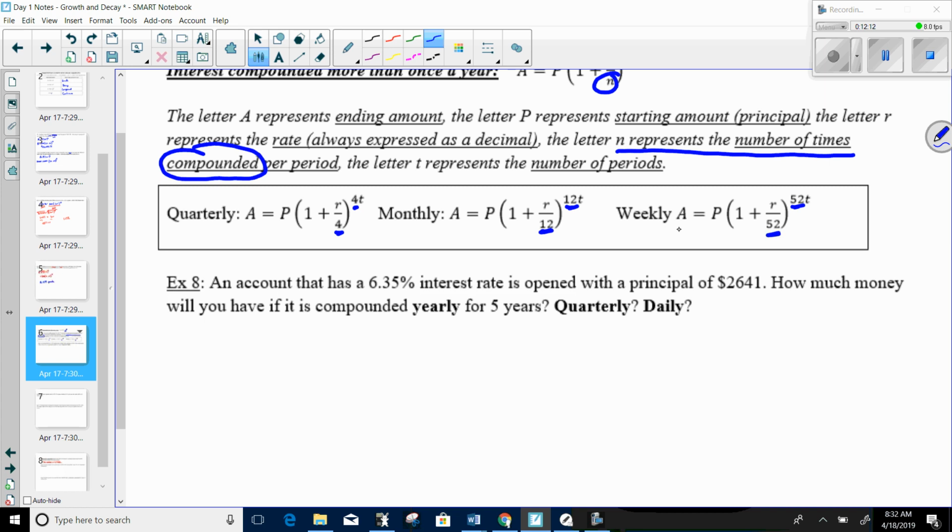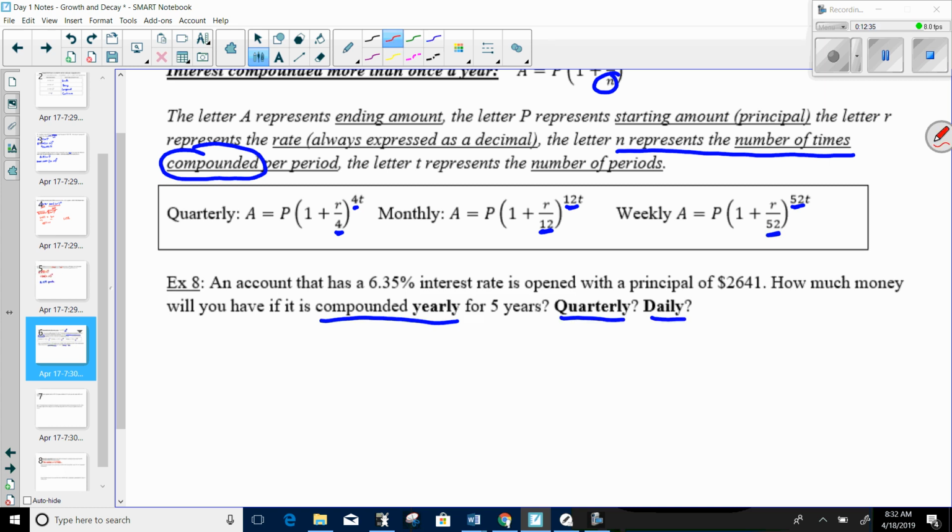And then here's some generic ones, or some ones that are already kind of set up for you. This is an account that has a 6.35% interest rate, opened with a principal of $2,641. How much money will you have if it is compounded yearly? Okay, so there's compounded yearly, compounded quarterly, and compounded daily.